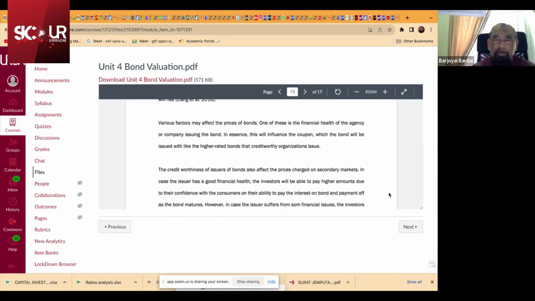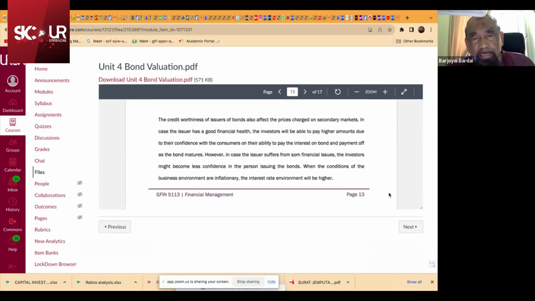Various factors may affect the price of a bond, and one of these is the financial health of the agency or the company that issued the bond. In essence, this will influence the coupon rate with which the bond will be issued, like the high rate bond that a creditworthy organization issues.